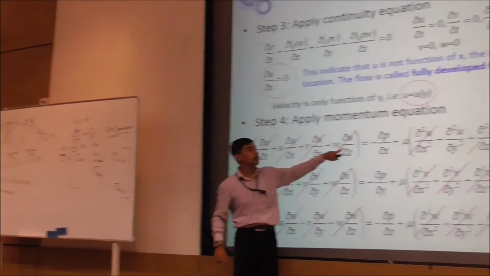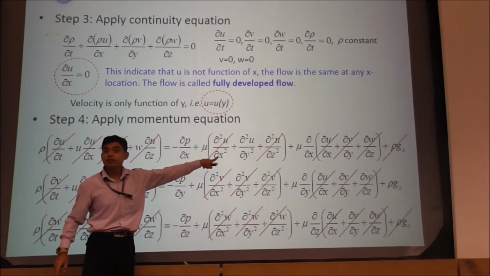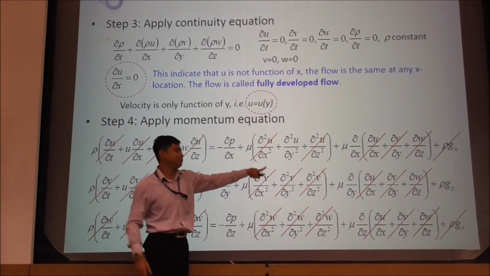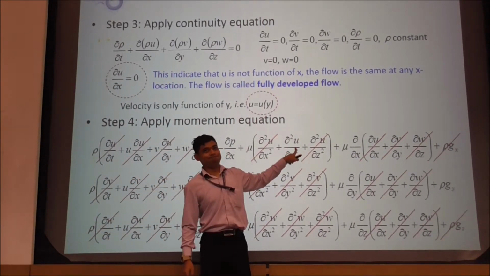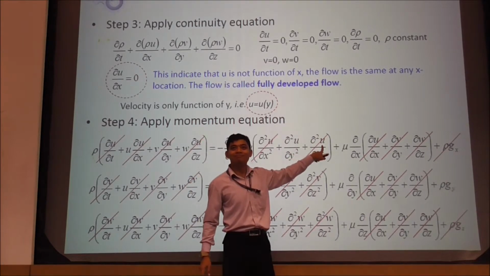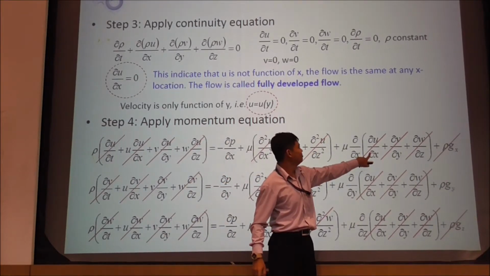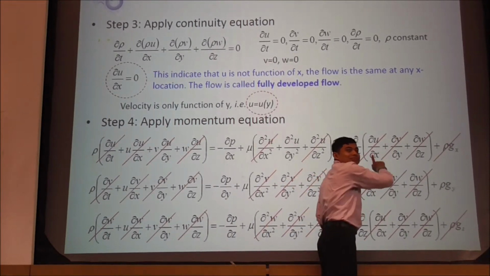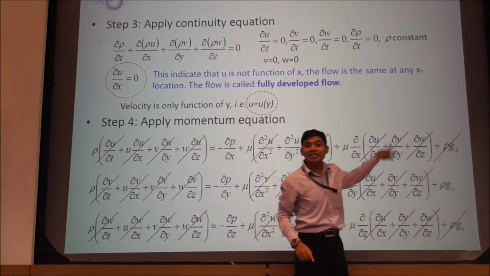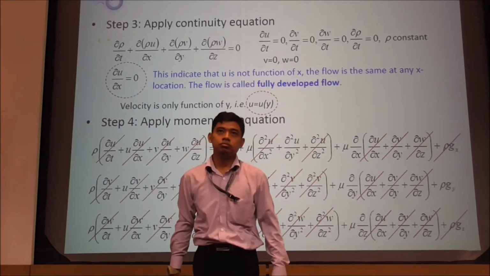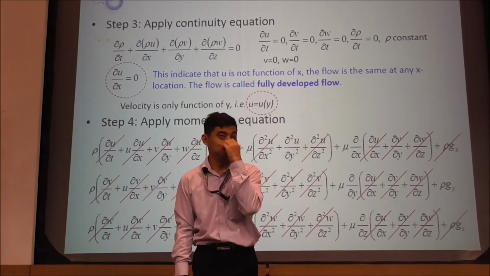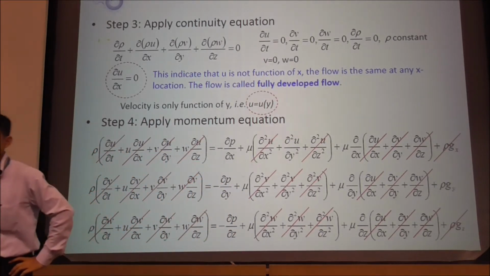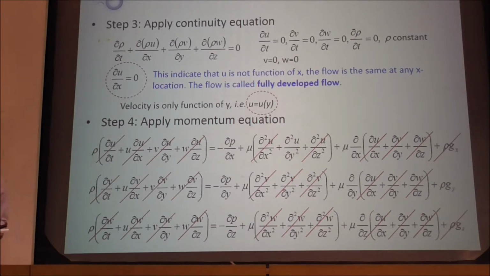How about this one? If du/dx is 0, the derivative of 0 is equal to 0. You know why this one is 0? The whole chunk is 0 because it is incompressible flow. Okay, ladies and gentlemen.